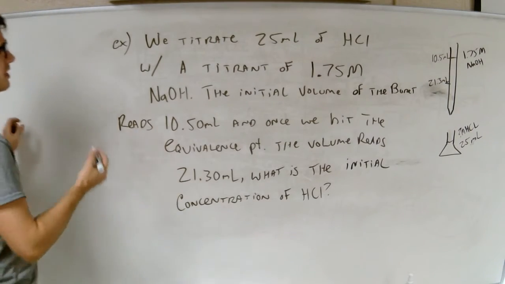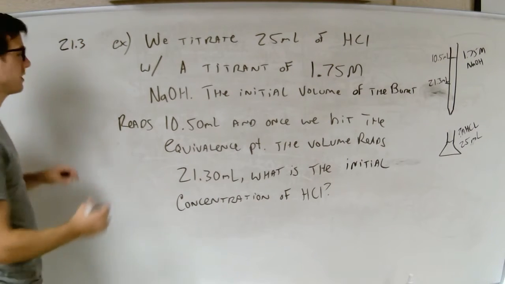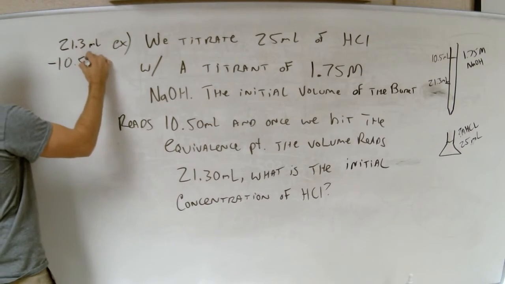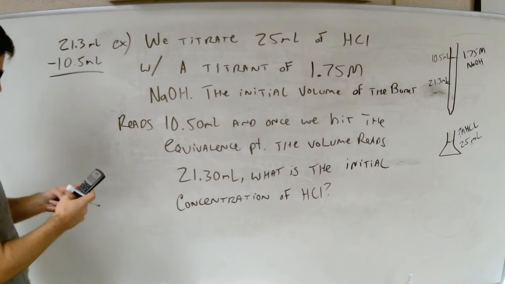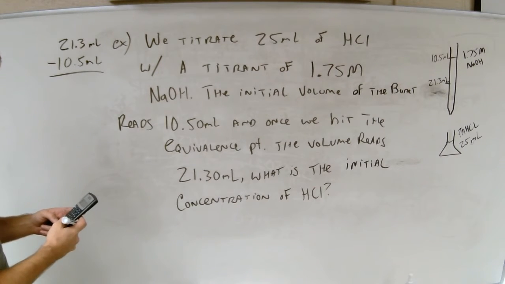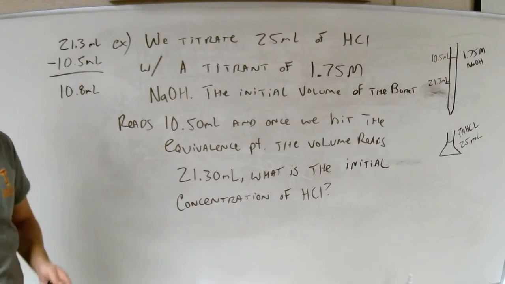So I can take my final volume of 21.3 milliliters and subtract my initial volume of 10.5 milliliters, and I should get around 10.8 milliliters. So I used 10.8 milliliters of NaOH.